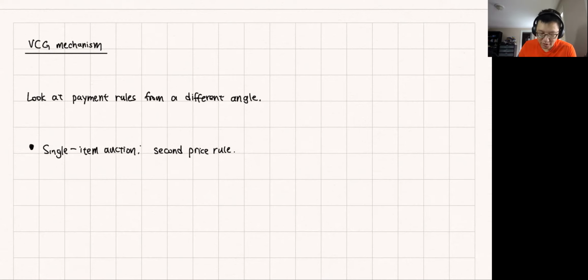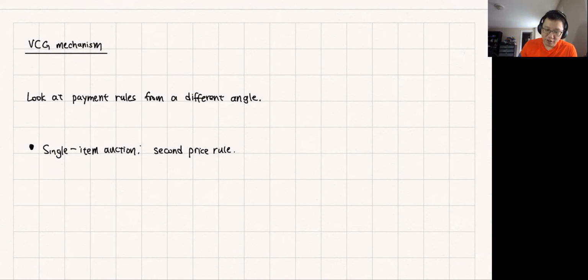So why is this important? Here is one possible interpretation of the second price. What is the importance of this number, the second price? What we will do is look at a player and see how much is the total value received by the entire group of players, subject to whether it is bidding or not bidding.